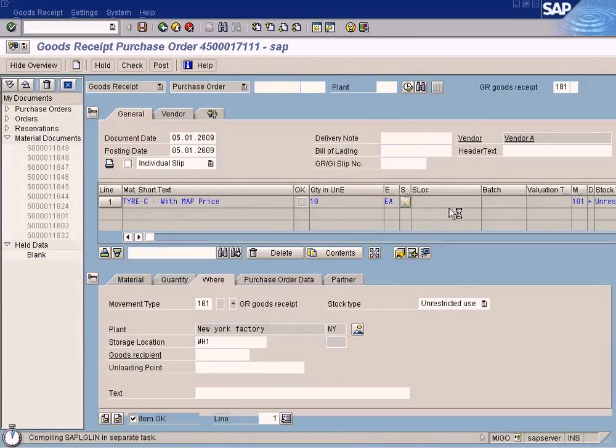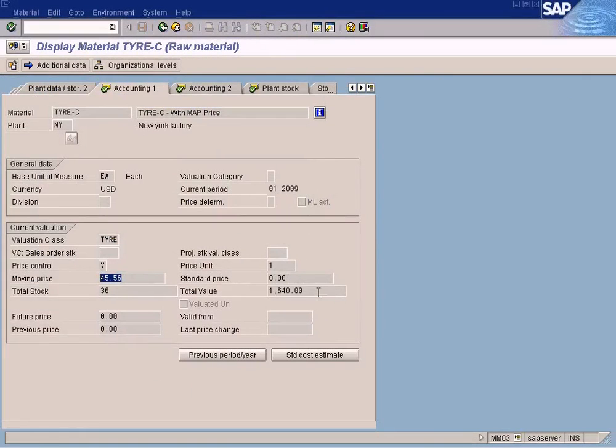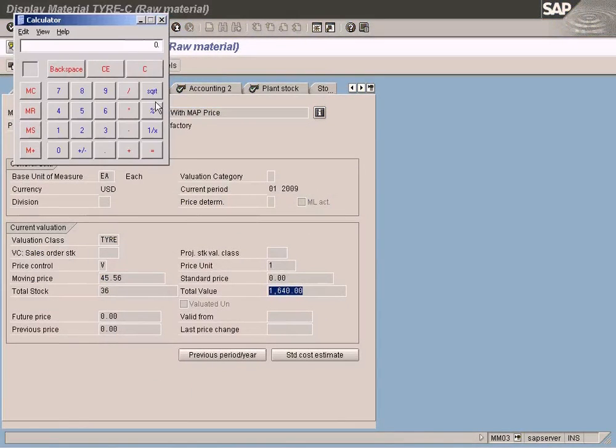Now when I have received 10 units worth $40 each, there will be an increase of $400 to the stock. 1640 plus 400 is 2040, divided by the total stock of 46, because I have bought 10 new.